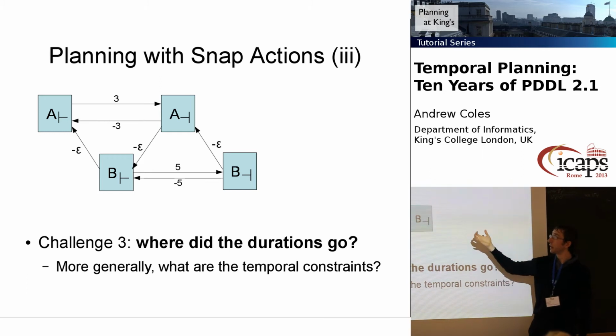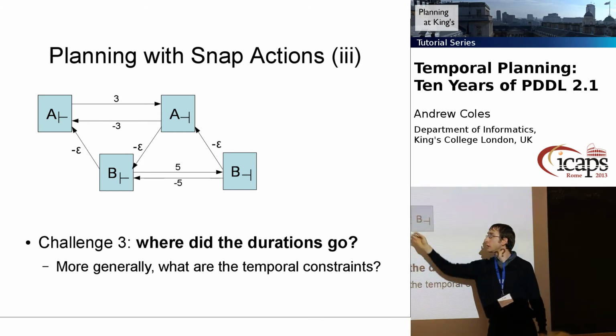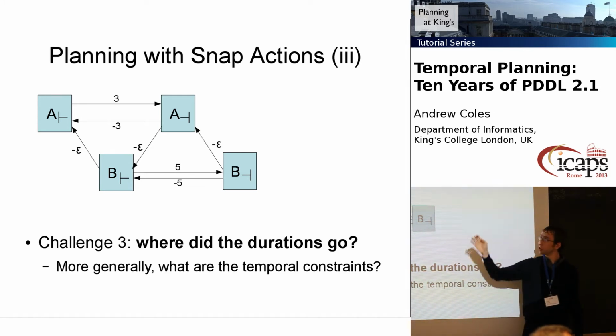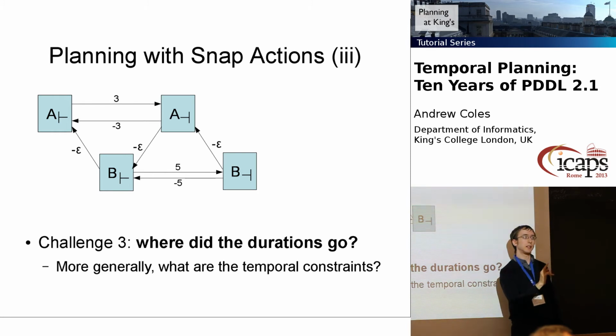And we do a similar thing for B, so B has a duration of 5. I'm assuming that for the purpose of this slide, but in PDDL it isn't fixed. So I'll come back to that in a couple of slides' time.